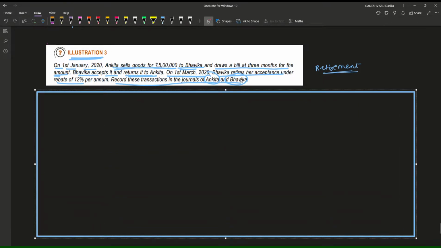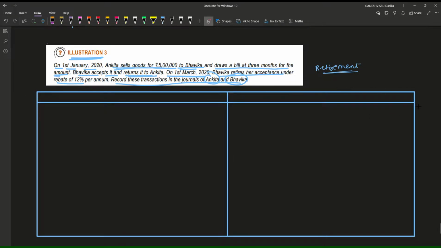Let us draw some boxes for her. That means for both Ankita and Bhavika. Not many entries will be coming, maximum 3 or 4 entries will be coming in both the books. So let me draw here for amount in rupees.